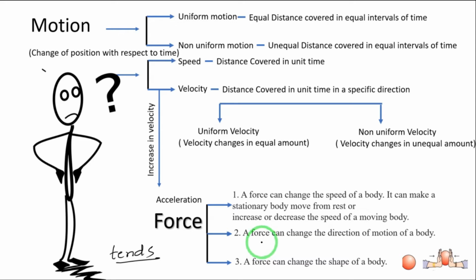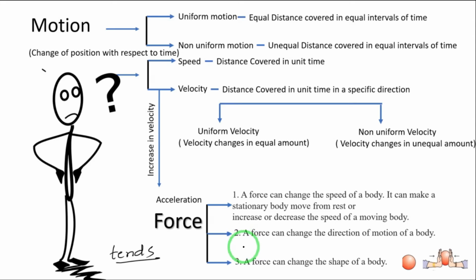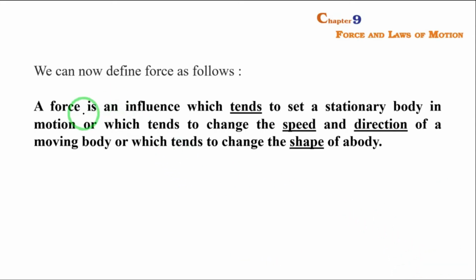And what is the definition of force for you in 9th class? Simple. That definition is a combination of the effects of force. A force is an influence or an external agency. It is always applied from outside, which tends to change a stationary body.